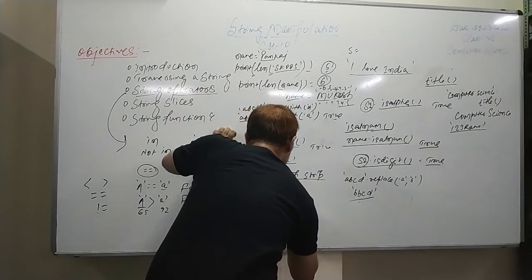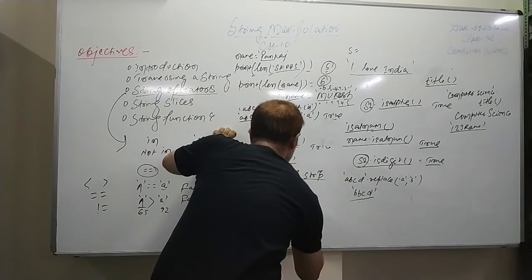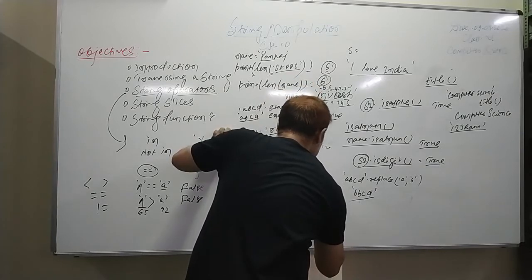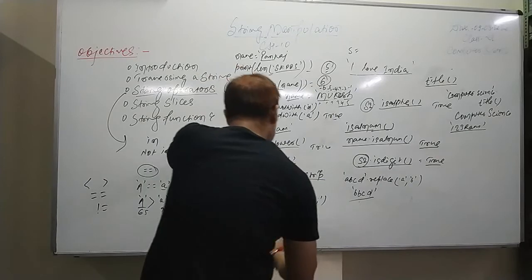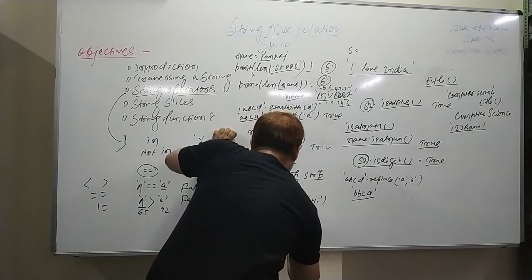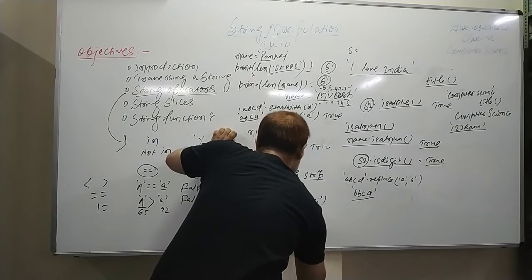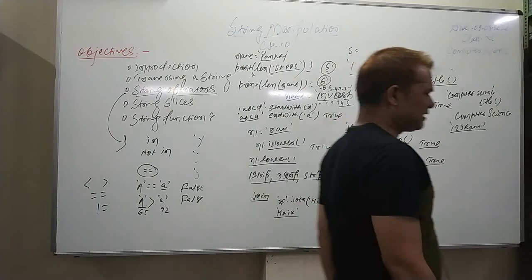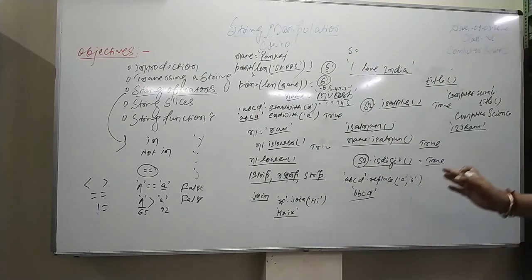For example, suppose you want to join a star sign: star.join, and then the string you want to join, say "hi". If you use this method, your output will be H star I. So after each alphabet it will add the star, since you joined with it.